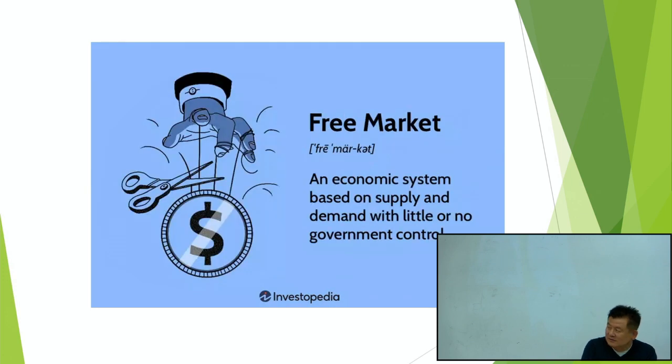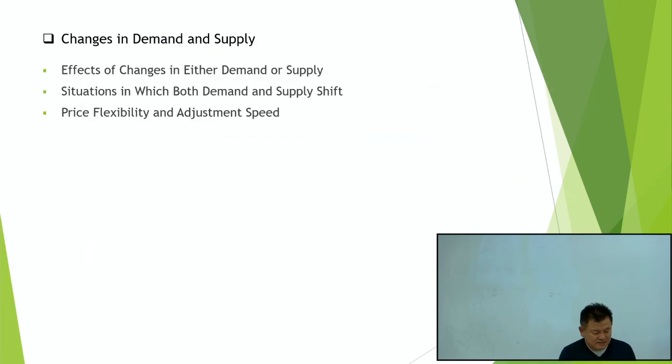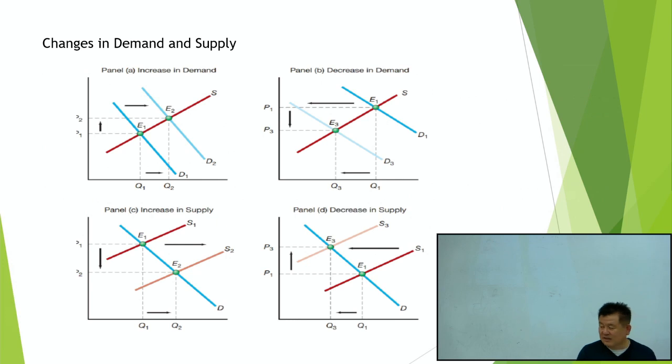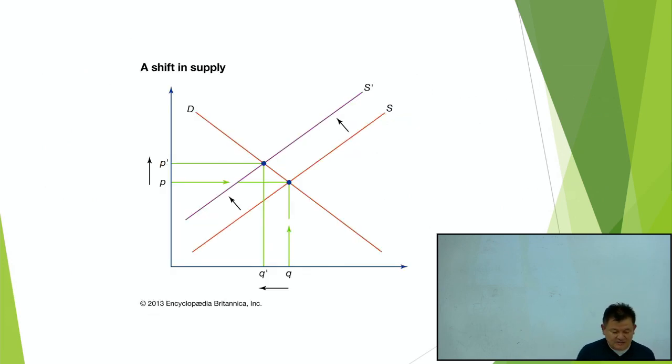Free market means an economic system based on supply and demand with little or no government control. Last time we saw the demand curve and supply curve.